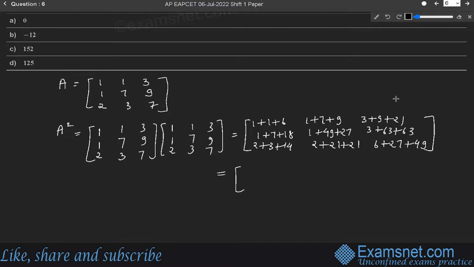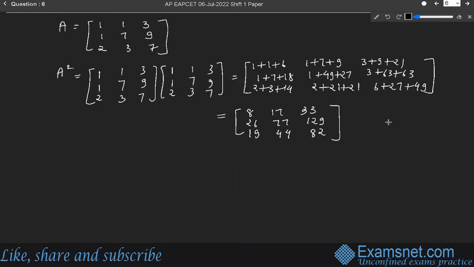On adding all this value, it will be 8, 17, 33, 26, 77, 129 and 19, 44, 82. This is the value for A square.